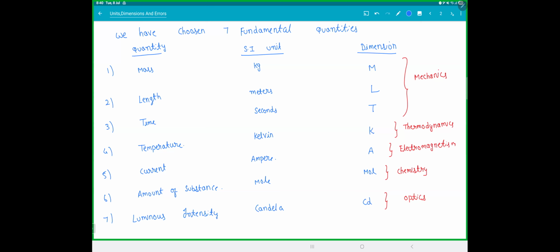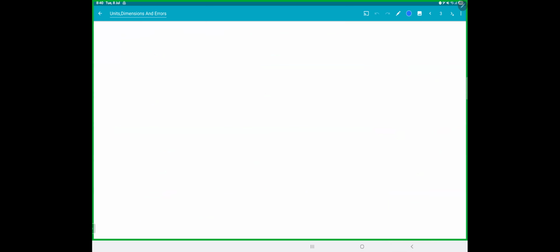Again, don't worry about writing the notes. You will get the PDF. So listen and understand this stuff. The next thing, the derived quantities.